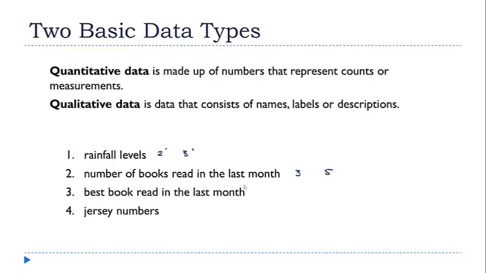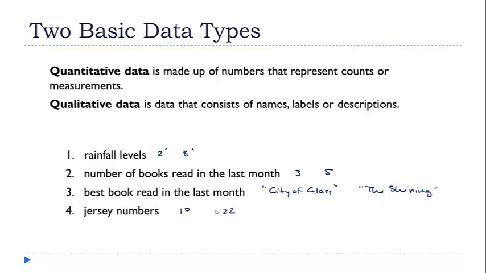A person's best book read would be a book title like City of Glass or The Shining. And finally, jersey numbers would be things like 10 and 22.